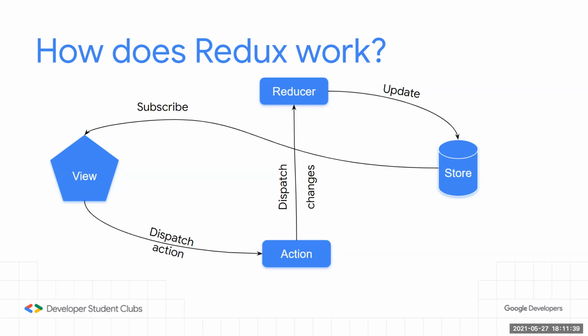So that's how the view, which in our case would be the navigation bar, would subscribe to the store, telling it needs the authentication state. And the store will constantly, whenever the authentication state changes, update the value that the view uses as well.